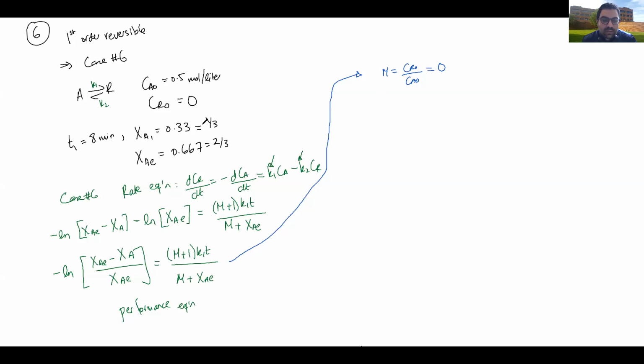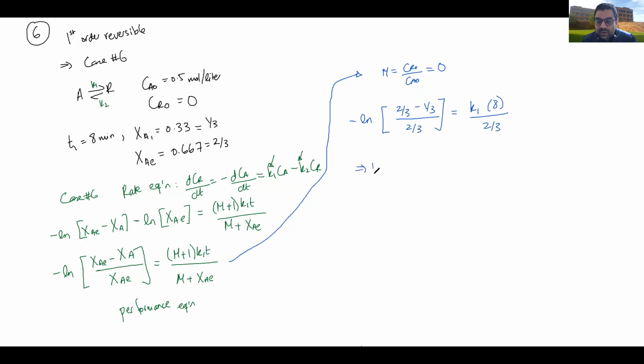So I'm plugging in the constants given here. I have XA1 is 1 over 3, XAE is 2 over 3. So I get minus ln of (2 over 3 minus 1 over 3) divided by 2 over 3 is equal to (0 plus 1) K1 T, where T is 8 minutes, divided by 0 plus XAE, which is 2 over 3.